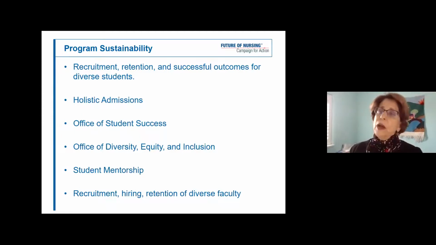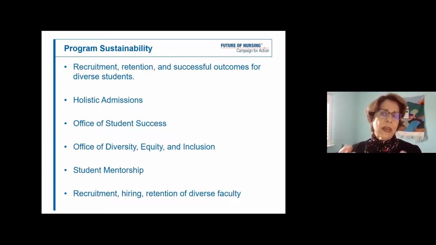Fortunately, we've come a long way from that, and now many of us have offices of student success within a College of Nursing. At the University of New Mexico, like most universities, we have strong student support systems on main campus. And the trend has now become that we also have strong student success programs within colleges of nursing to assist students to attain their goals.